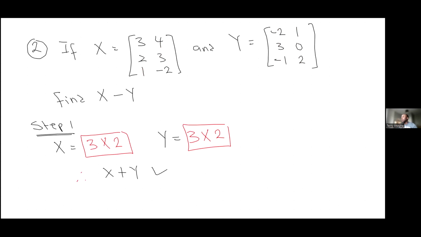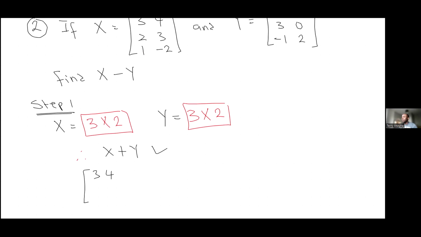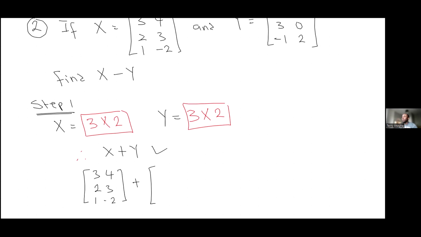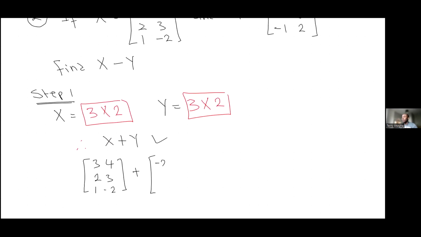So we can now say, we then have to add. So we're going to add 3, 4, 2, 3, 1, minus 2, plus the other one, which is minus 2, 1, 3, 0, and minus 1, 2.